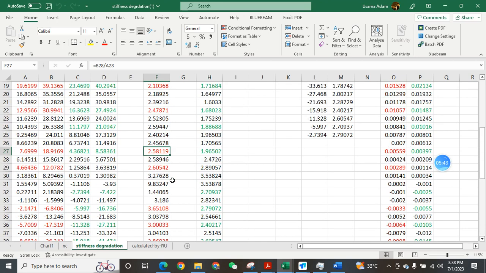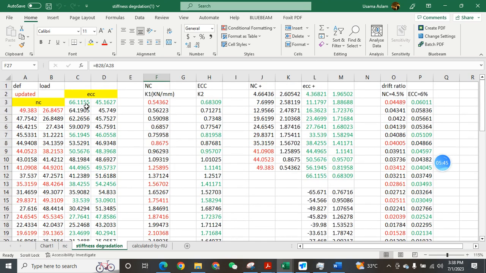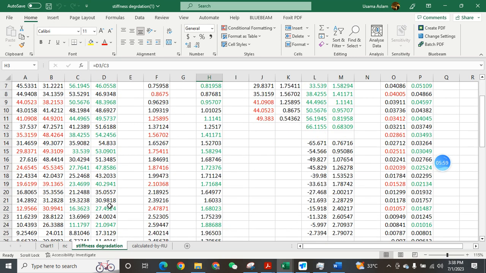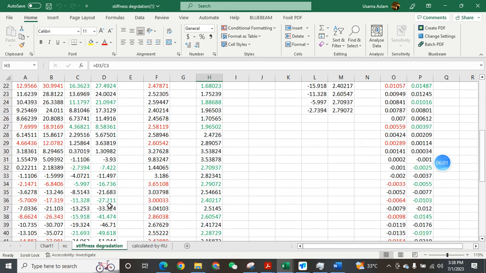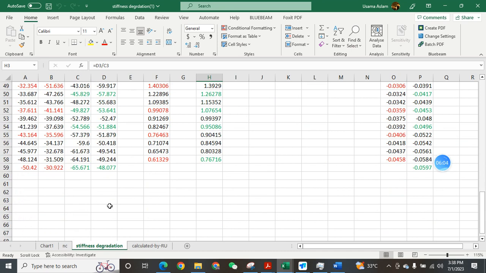And for the ECC, I will go up from 6%. This is K2. The same load versus deflection: 6.5, 5.5, 5, 4.5, 3.5, 2.5. I have a little bit of difference, and then the same in the negative direction.